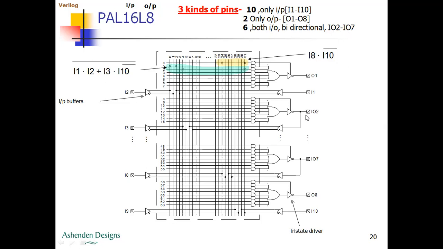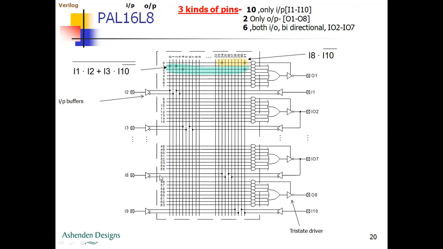Where is I02? I02 is here, right? And similarly you can see the dots here, continuing I02, I03, I04, I05, I06, and I07. Hence, I02 to I07 are the six IO lines, also called bidirectional lines.